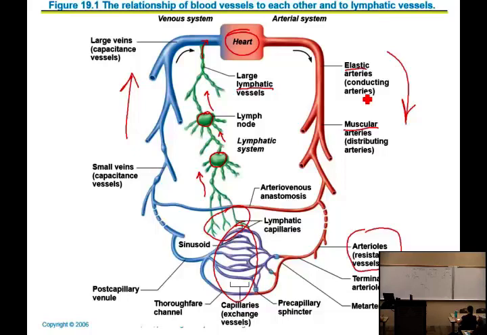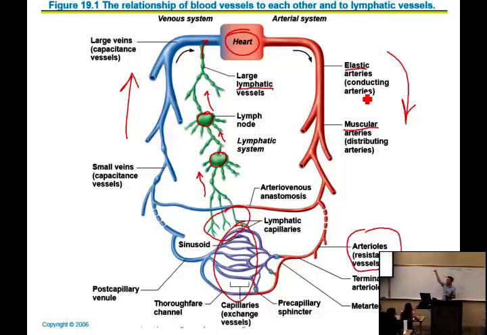So the arterioles, these ones here, are the last little protective vessel protecting the capillaries that are coming, and they're reducing the pressure and slowing down the blood flow so that by the time the blood gets to the capillaries, where we're doing this exchange, it's nice and smooth, it's not pulsing anymore, and it's nice and slow. So we have time to do the exchange with the tissues before we then zip up to venules and veins and we're out again.